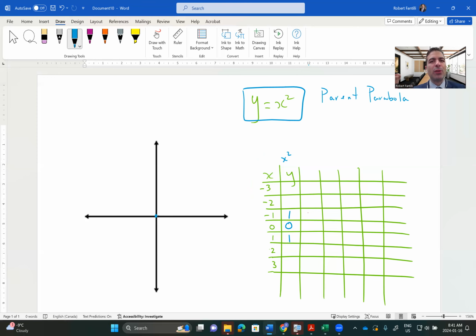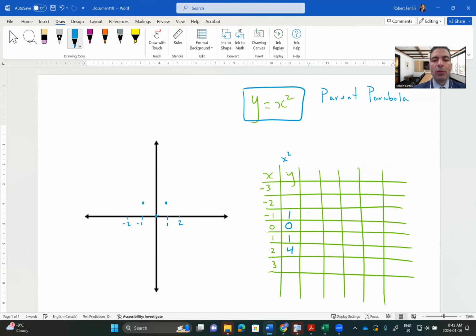And you can start seeing the symmetry happen here. On my grid, when x is 1, y is going to be 1. When x is -1, y is also going to be 1. I'm just sketching here for now. When x is a +2 or a -2, -2 squared is +4, and +2 squared is +4.